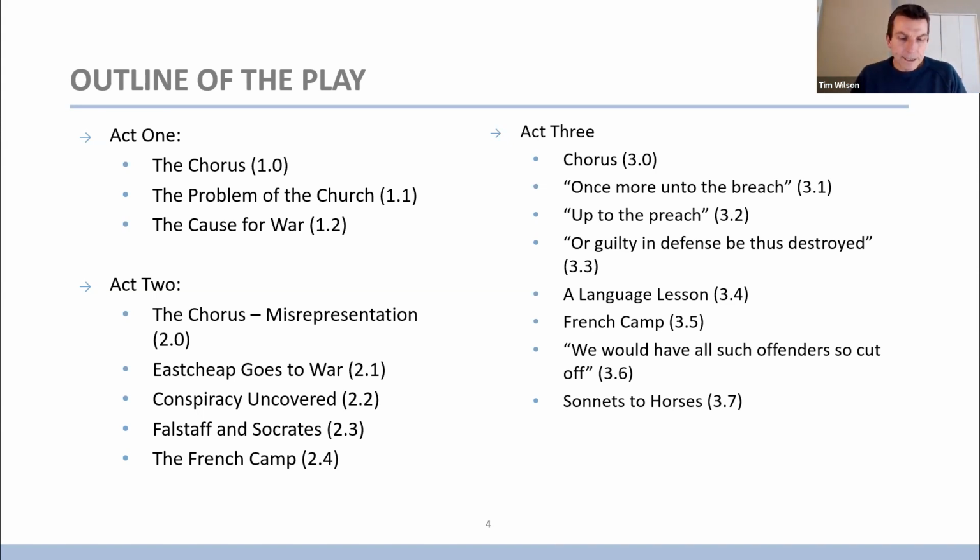So in Act 3, Scene 6, Henry arrives at a portion of the English camp where his old friend Bardolph is being accused and ordered to execution for having robbed a church. It had been Henry's strict orders not to pillage the land or the countryside, and Bardolph had broken that rule.